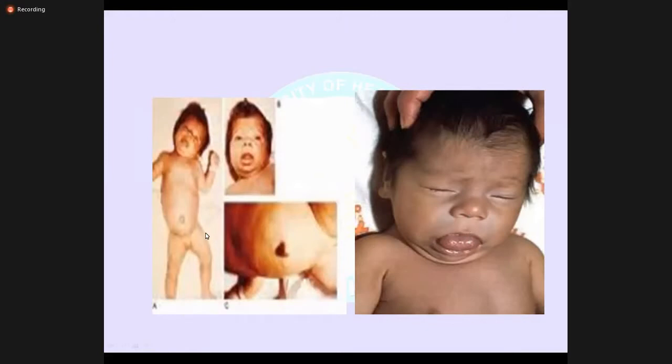In this child, you can see the umbilical hernia, coarse facies. So it's a typical facies that you can see in an infant who is having hypothyroidism. And by looking at the child, you can say maybe this patient is having hypothyroidism because of the sallow complexion, the enlarged tongue, the umbilical hernia, and the lethargic look.